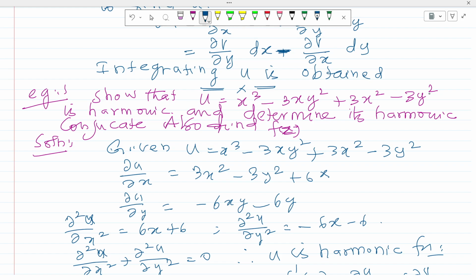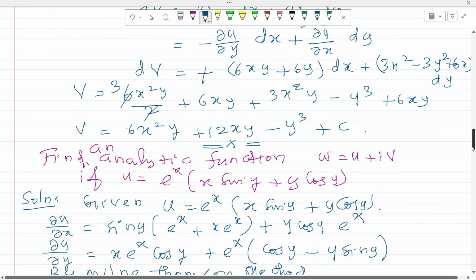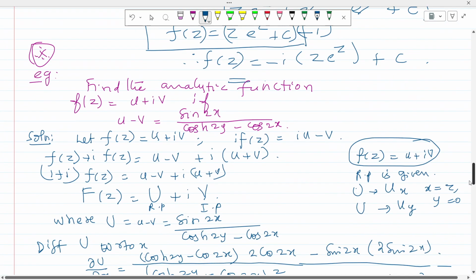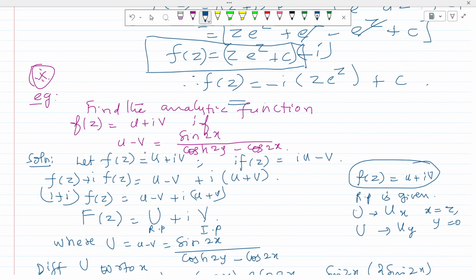Then how can you find the analytic function f of z? Otherwise, the second type is when u minus v or u plus v is given, then how can you construct the analytic function? There are two types of problems.